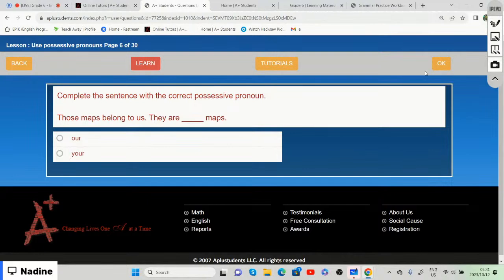So those maps belong to us. So we can say they are our maps. Those maps belong to us. They are our maps.